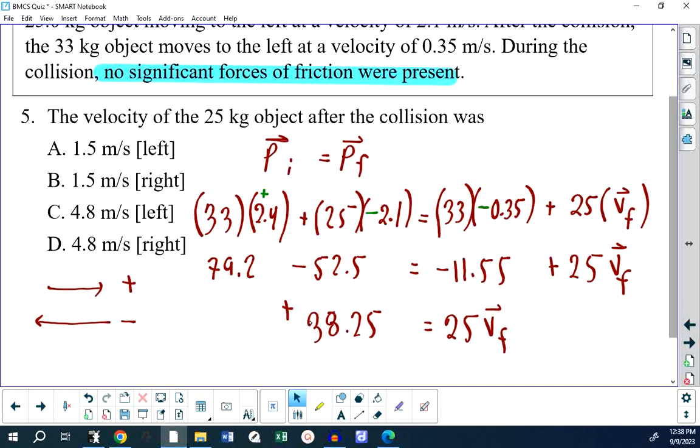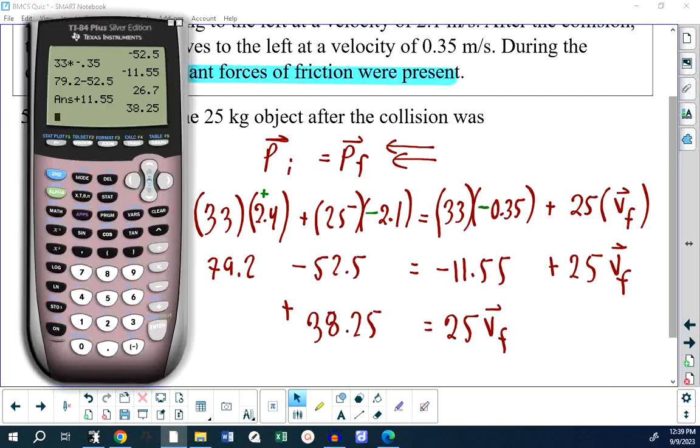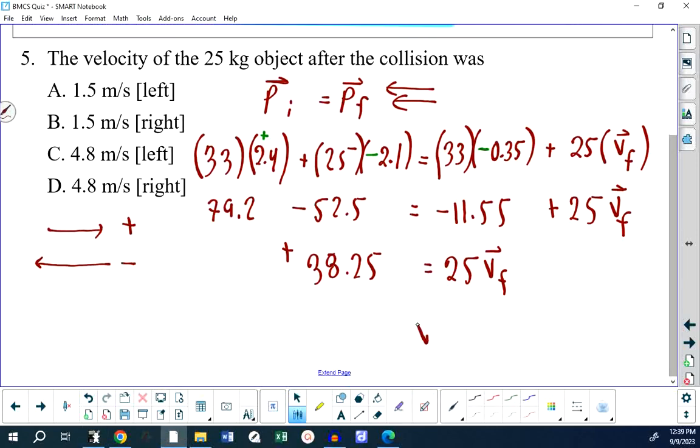If you set up the physics properly, the math is not going to lie. So the fact that we got a positive when we divide that by 25 tells us we get a velocity that's positive for the 25 kilogram object. So when we look at our choices, it's 1.5 meters per second to the right because it's positive, so the correct answer is B.